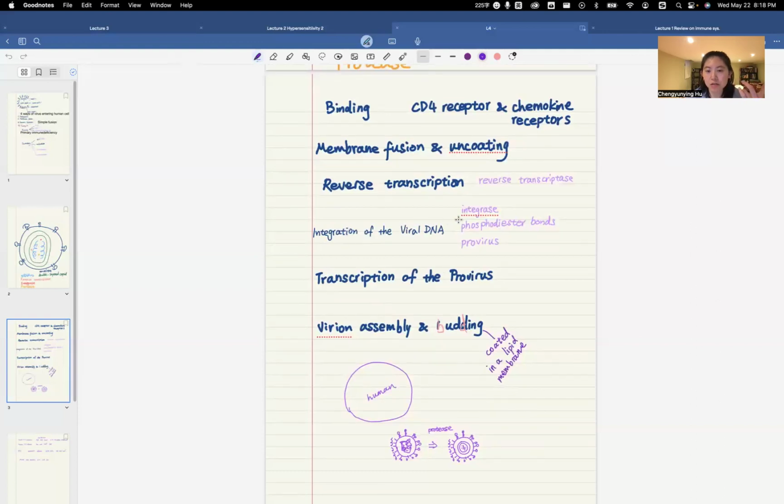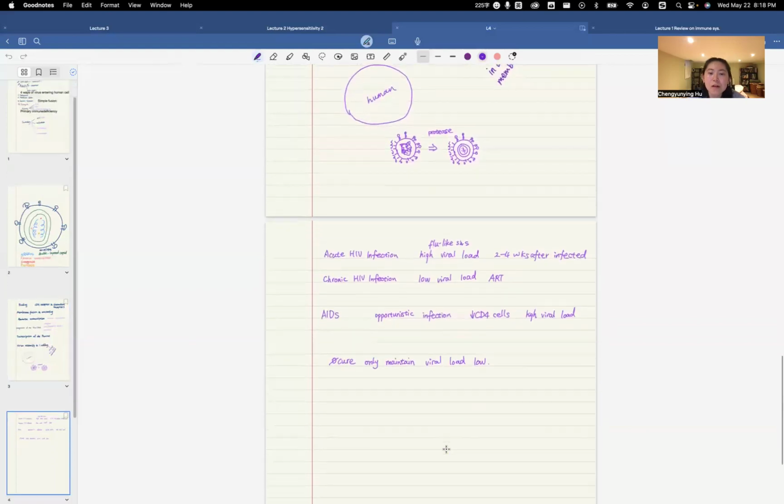Another medication can stop integration of the viral DNA into the human DNA. The third one is able to stop the protease from forming the functional HIV virus.